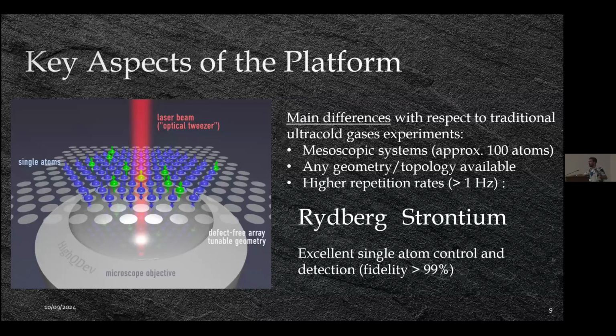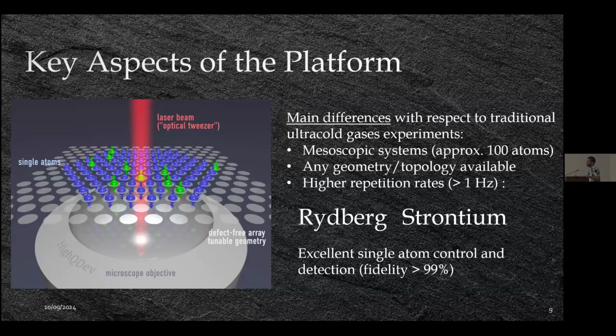In principle, we can reach any geometry that we would like to experiment with, and it offers a high repetition rate. That means that in a short time, we collect a huge amount of data to make an solid and consistent statistic on it.